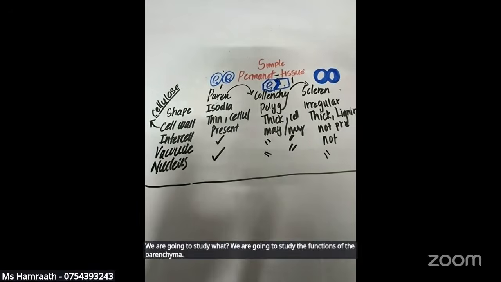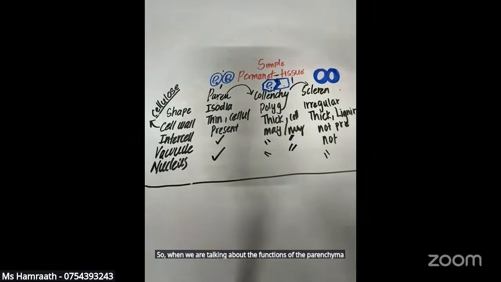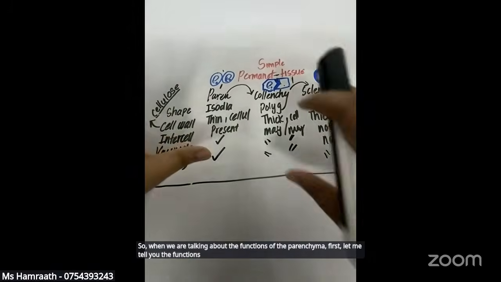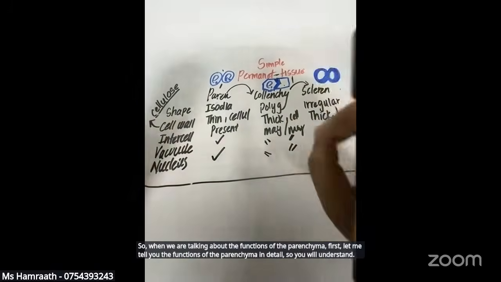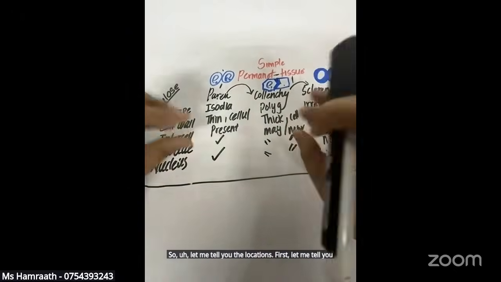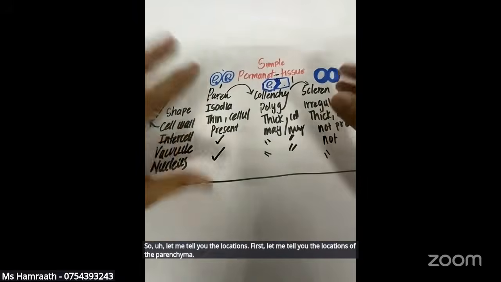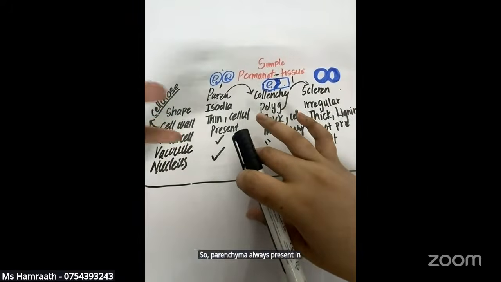First, let me tell you the functions of the parenchyma in detail so you will understand. Let me tell you the locations of parenchyma, collenchyma, sclerenchyma. Parenchyma is always present in the soft part of the plant.